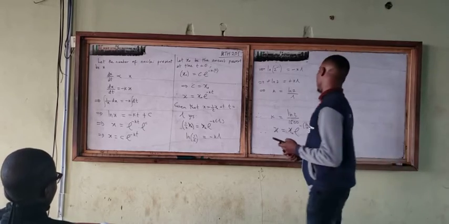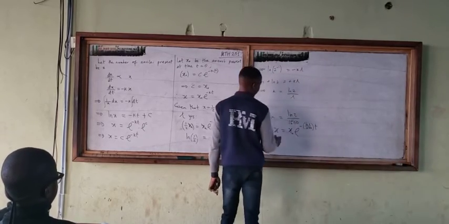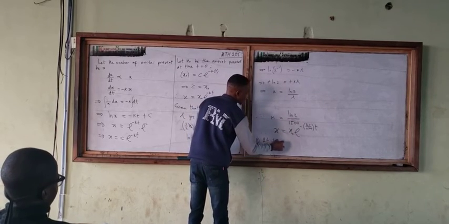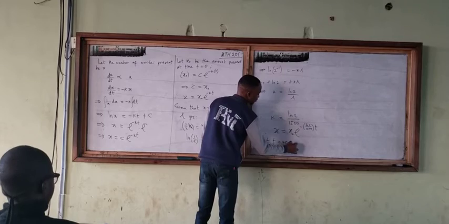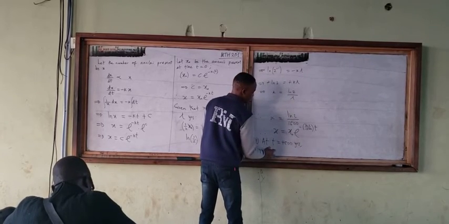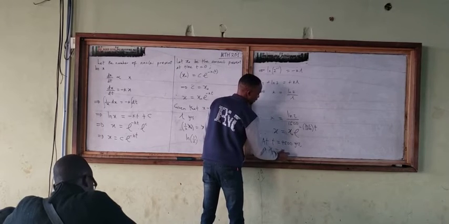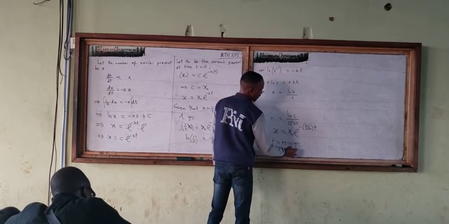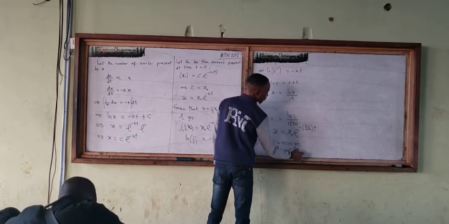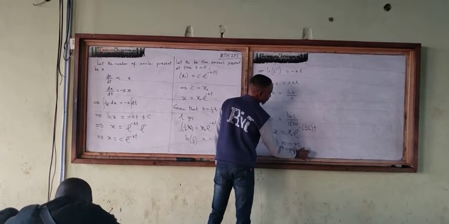So what will be our x after 4,500 years? At t equal to 4,500 years, x will be equal to x naught exponential minus ln 2 over 1500 multiplied by 4,500.